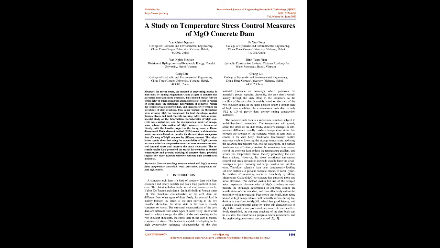Facts show that MgO, after being heated at high temperatures, will naturally expand during hydration to transform to Mg(OH)2, which has good latency and a unique delayed development. By using this characteristic of MgO, the construction process of mass concrete can be effectively simplified, the concrete cracking of the dam body can be avoided, the construction progress can be accelerated, and the engineering investment can be saved too.